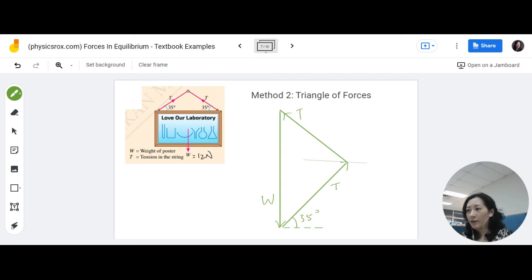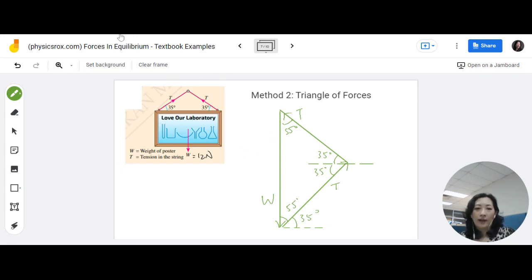And likewise over here, this is 35 degrees. And for this angle, by the Z rule, this would be 35. So 90 minus 35 gives us 55. And over here, in this right angle triangle, 35, this would give us 55. And that's how we get this triangle of forces.